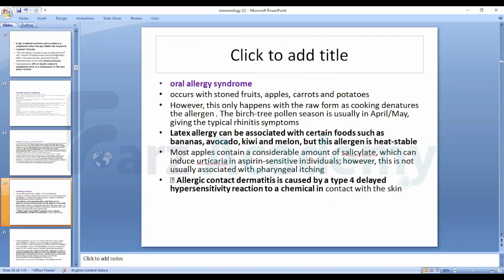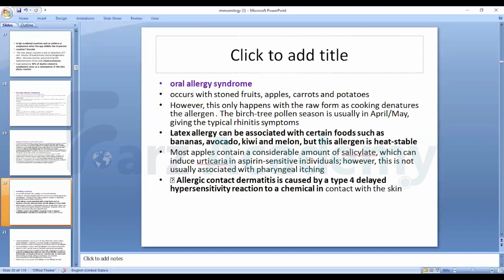Latex allergy can be associated with certain foods such as bananas, avocado, kiwi, and melon, but this allergen is heat stable. Most apples contain a considerable amount of salicylate, which can induce urticaria in aspirin-sensitive individuals. However, this is not usually associated with pharyngeal itching.